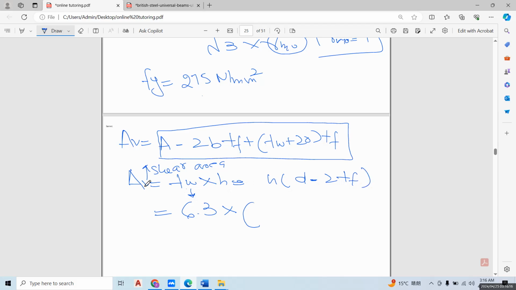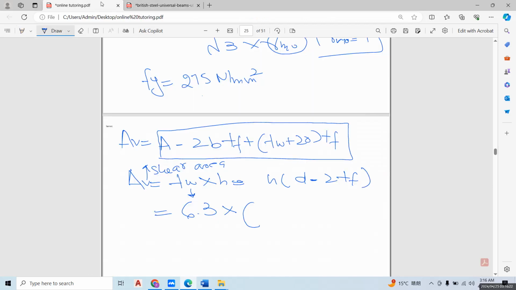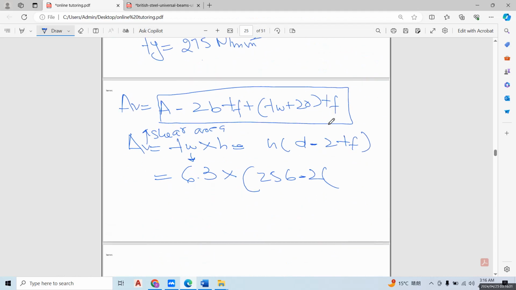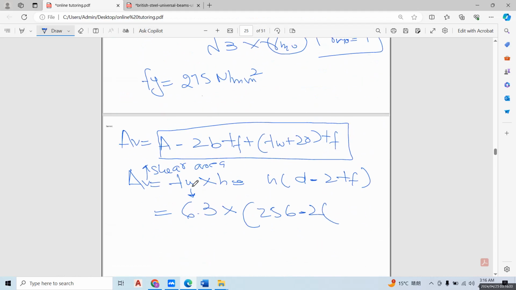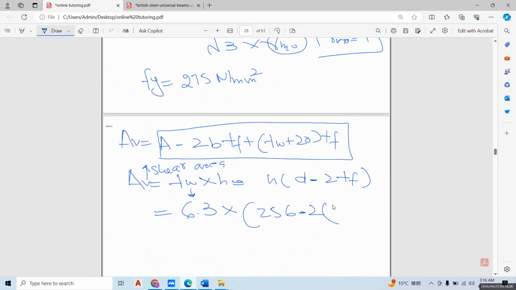From the table we see that the depth is 256, so 256 minus 2 times thickness of flange. What was the thickness of flange? It is 10.9. It is the thickness of web that is 6.3.